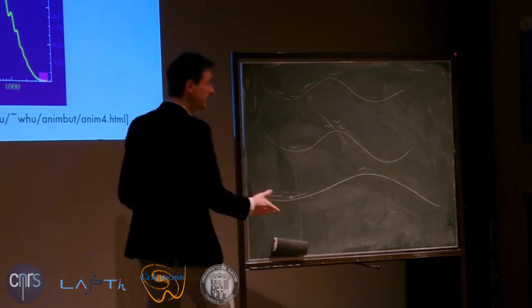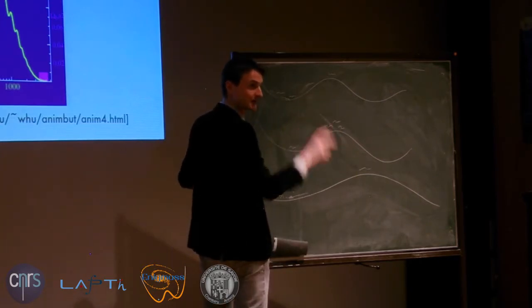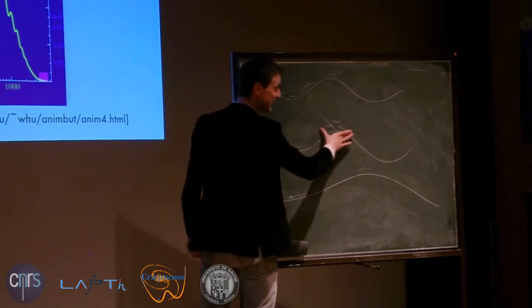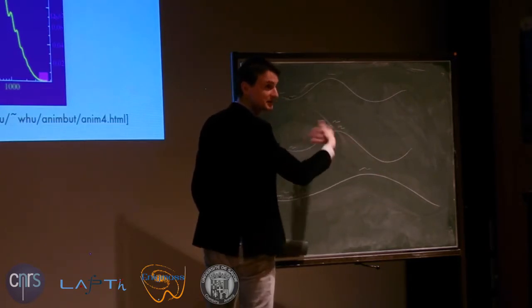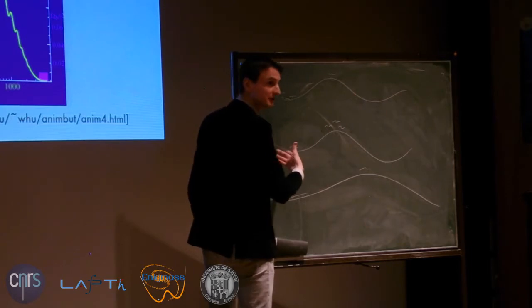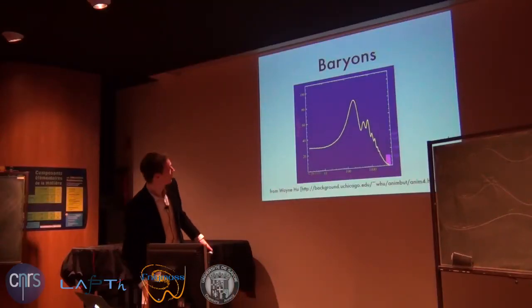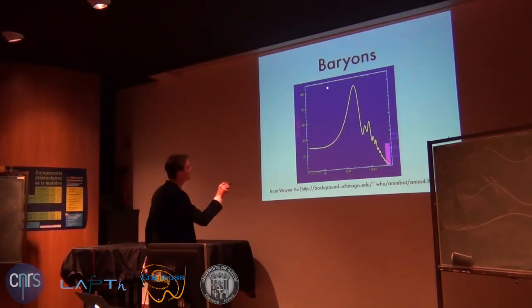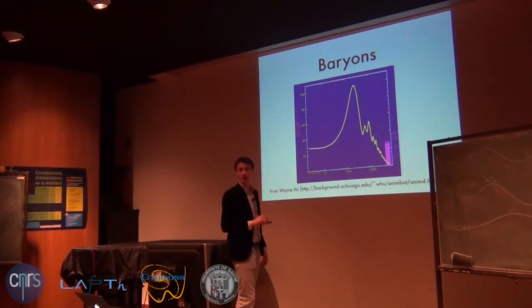So if I add more baryons, those perturbations that are in the anti-phase of their oscillation will be slightly less pronounced because it's slightly less efficient because of all the mass in the baryons. So if you add baryons to this picture, what you see is that the odd peaks become more pronounced and the even peaks become less pronounced.